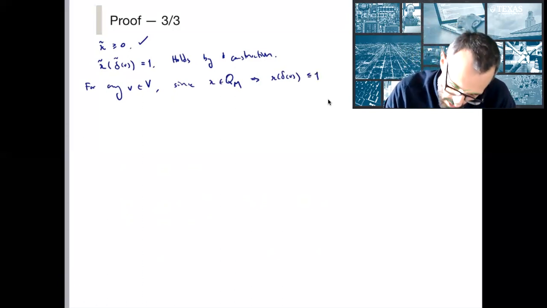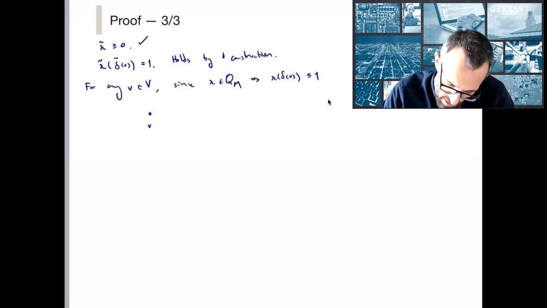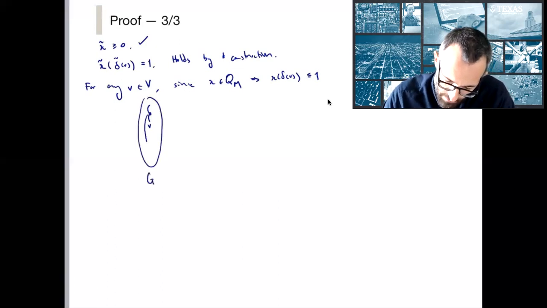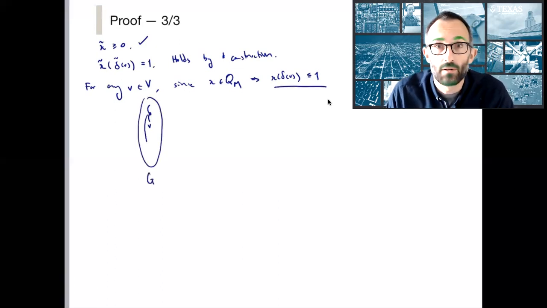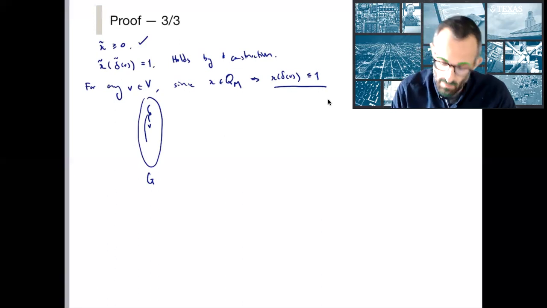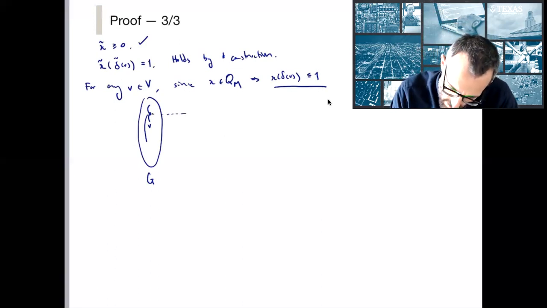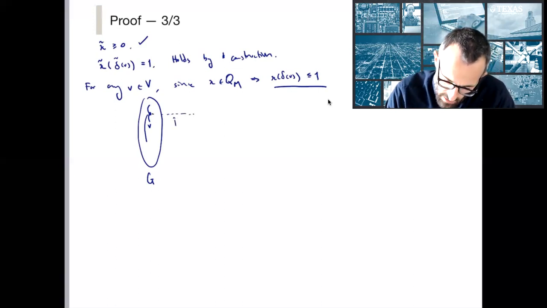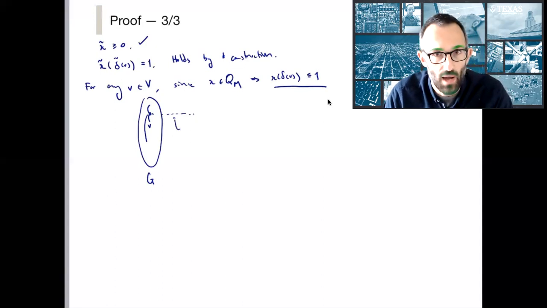So what does that mean? Here's my edge v, and there are various other nodes. This is my picture of G. And what this inequality says is that all of these edges sum to less than 1. And we added one edge, which is the dotted edge. And what did we choose this weight to be? So now you can see the rationale behind the extension.